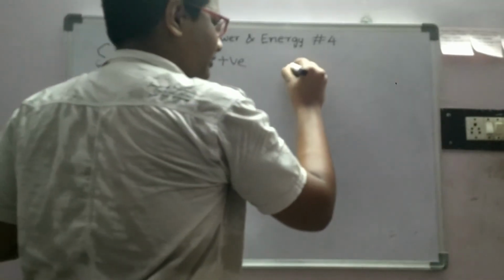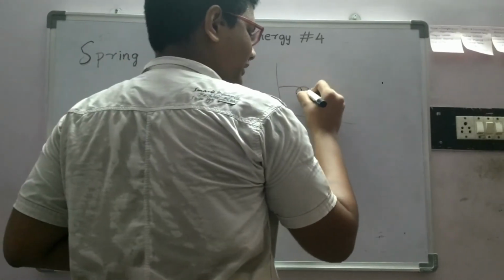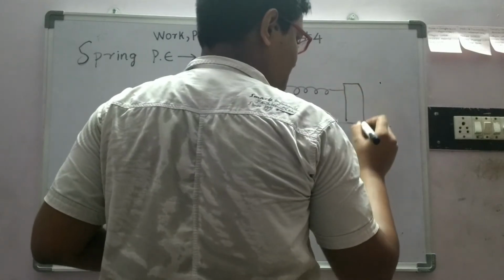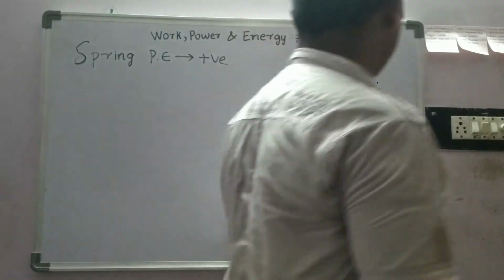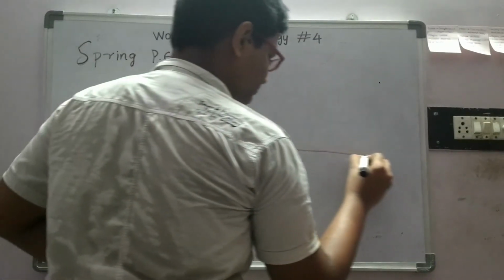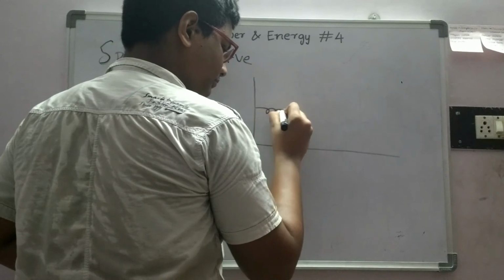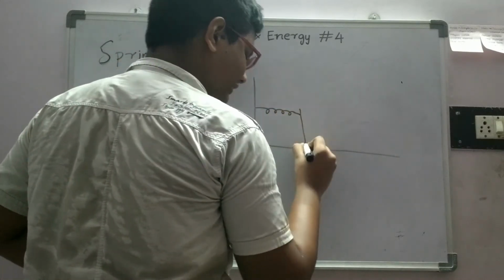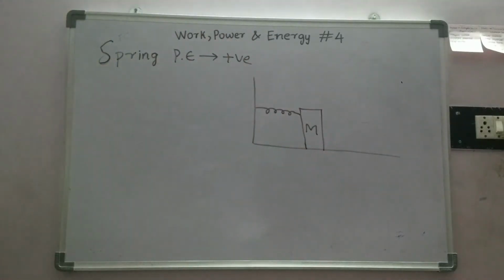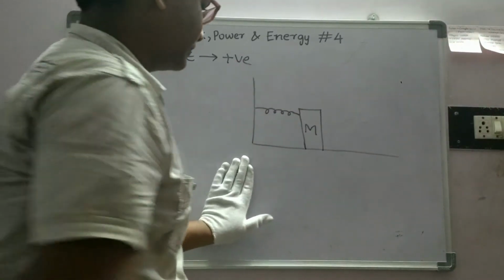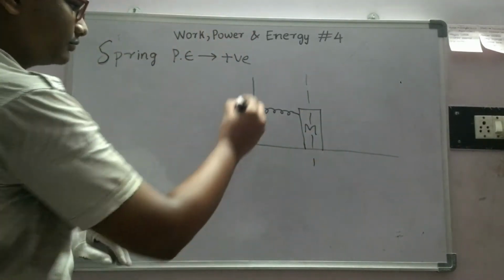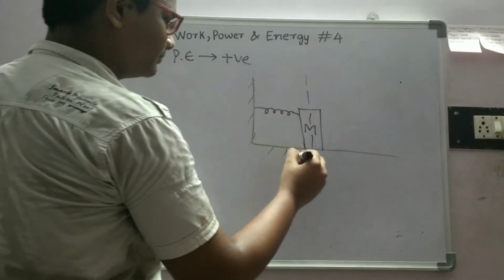Now, consider a spring attached to some mass m. It is at its equilibrium position. Let us take this as the equilibrium position. This is a rigid surface.